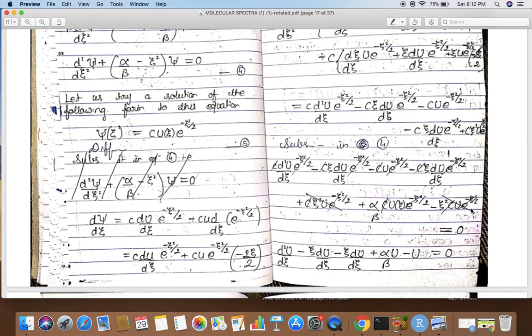Now the exponential of xi square divided by 2 cancels out from everywhere, and the term c is also cancelling out from everywhere. Now you have the term d square u by d xi square remaining, minus one term xi du by d xi remaining, minus one term appearing from xi du by d xi from here. Then alpha divided by beta times u, minus this one.